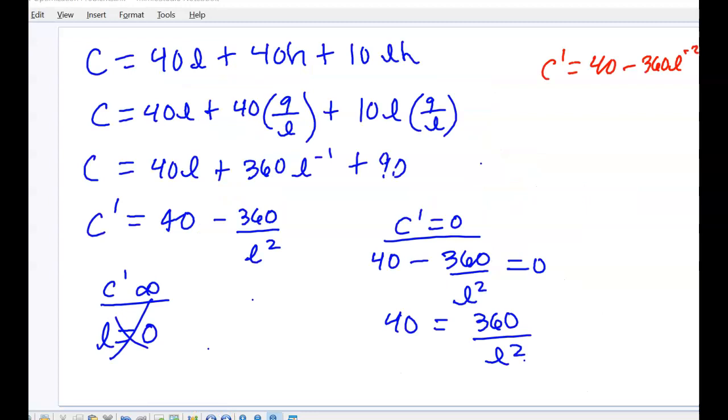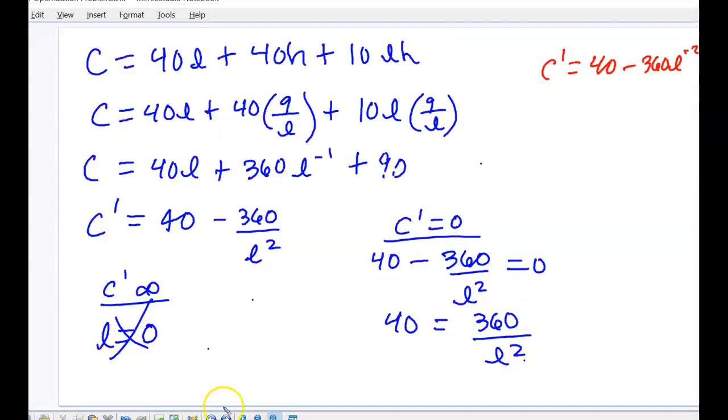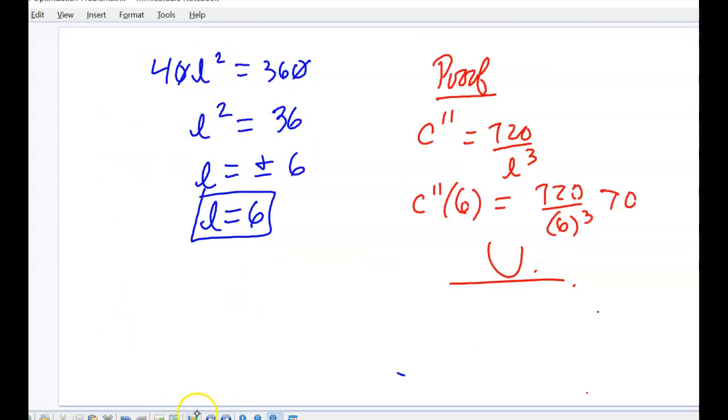All right, so let's go back and see what our problem is. We want to know what is the cost of the least expensive tank. So my cost function was right here. And we're just going to plug in. I found out that the L was 6, okay, and I guess I need to find the height.